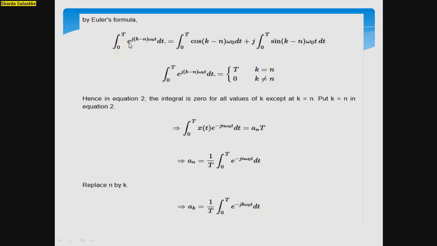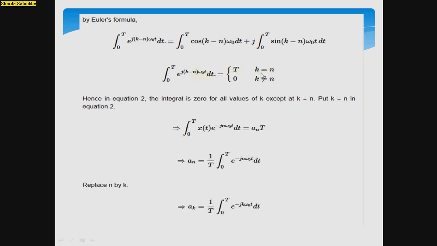So integration of 0 to T of e raised to j(k minus n) omega_0 t dt is equal to integration of 0 to T of cos (k minus n) omega_0 t dt plus j times integration of 0 to T of sin (k minus n) omega_0 t dt.